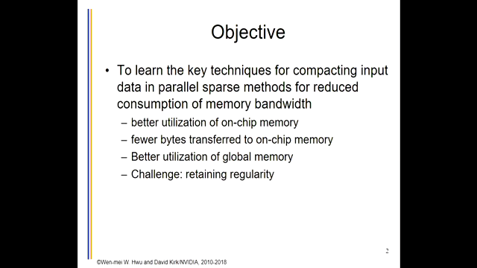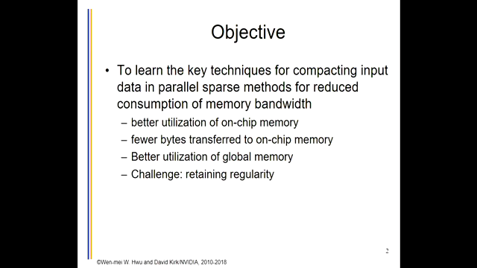And in the GPU context, another important benefit is we can better utilize the global memory. The global memory is pretty big these days, but when you start to process very large graphs, very large sparse data, not being able to compact it often means that we cannot fit the data into the global memory.